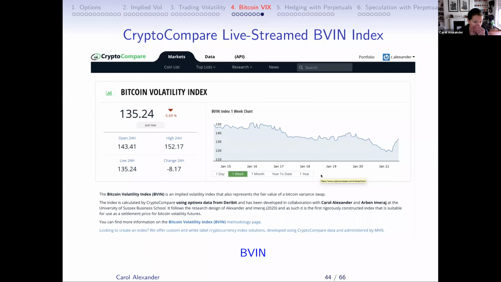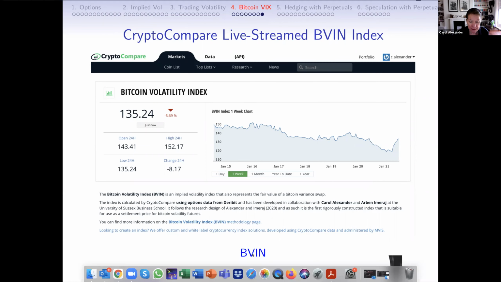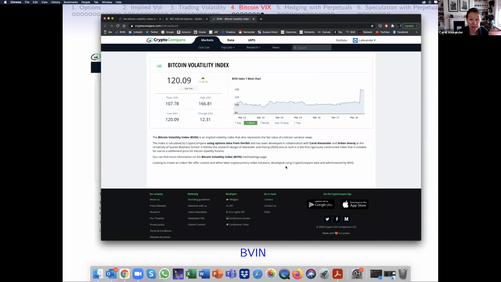So let's have a look at the live streamed BVIN index, see what it's doing at the moment. I can't remember where I took this snapshot. But I'm pretty sure it's come down now, because the initial rises are okay, right, it's just jumped up there.